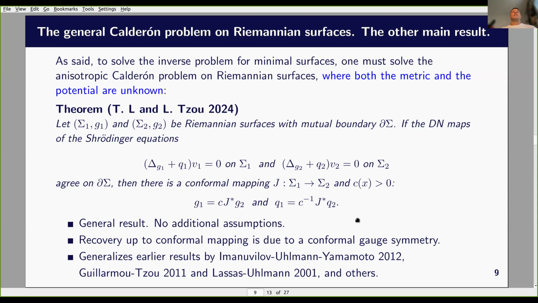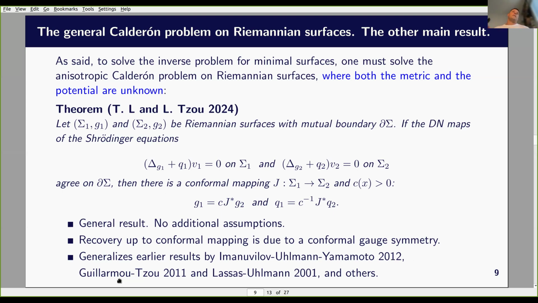And how does this result relate to earlier results? First of all, this result generalizes a result by Oleg Imanuvilov, Gunther Uhlmann, and Masahiro Yamamoto from 2012. They studied the same case on the complex plane, so on R2, meaning the topology is trivial.